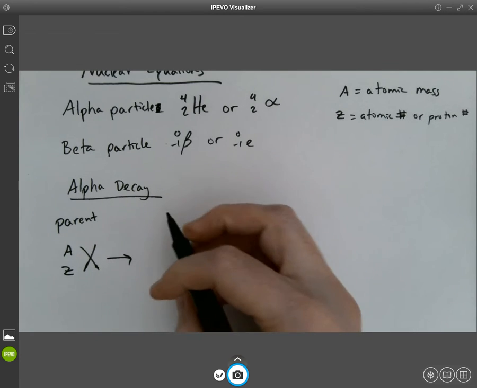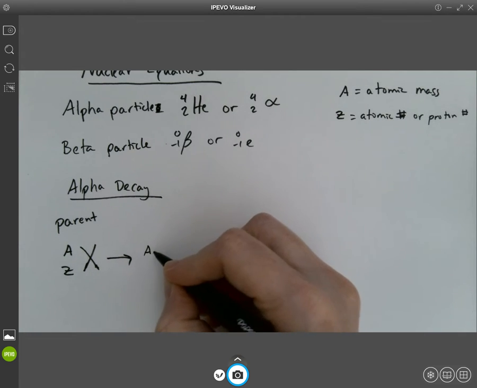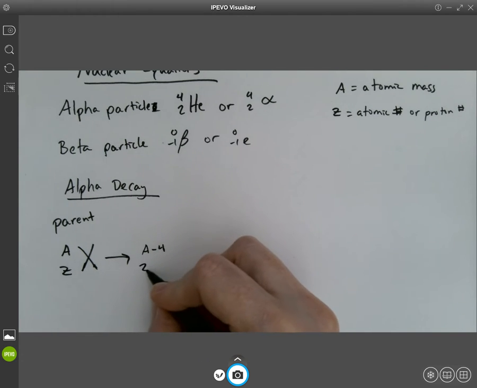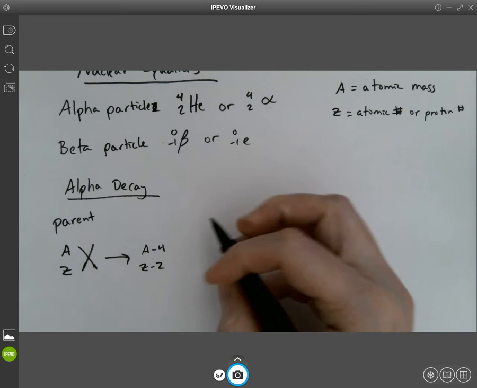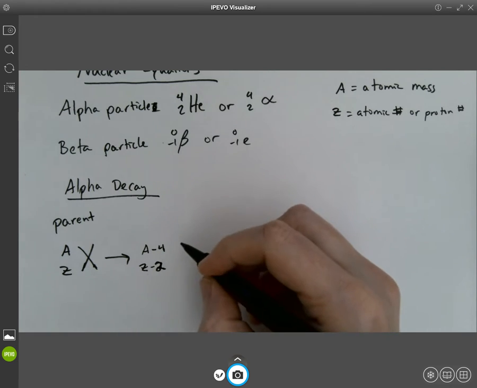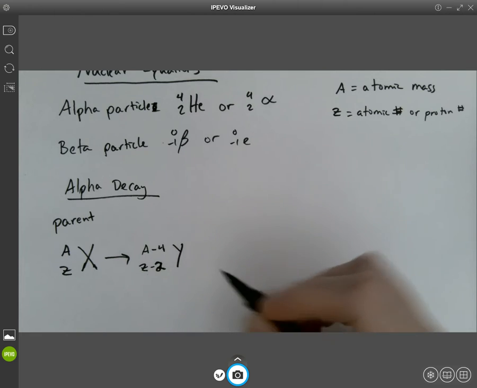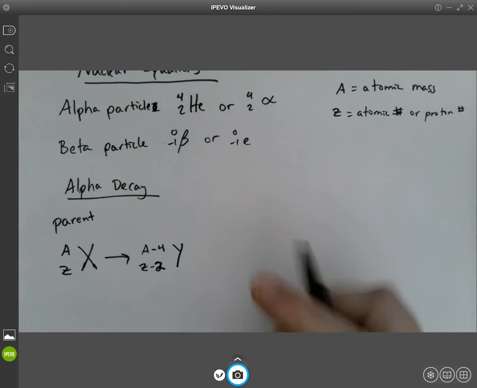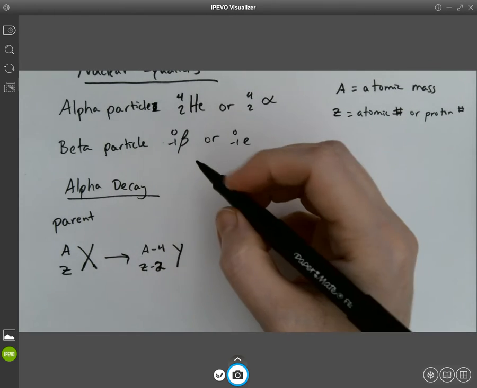That will decay or break down into atomic mass minus 4, and then Z minus 2. We'll have Y represent our daughter isotope.